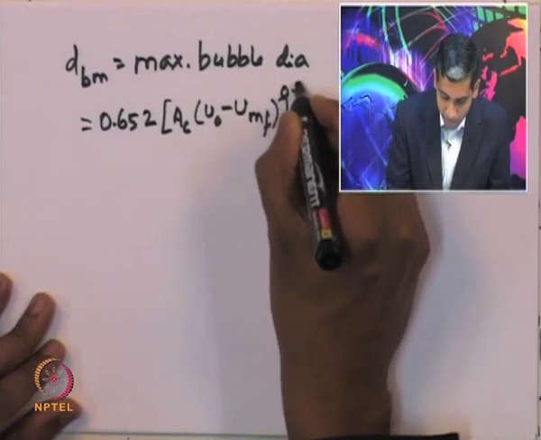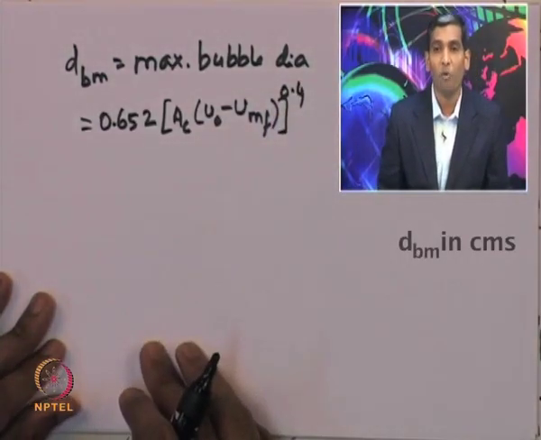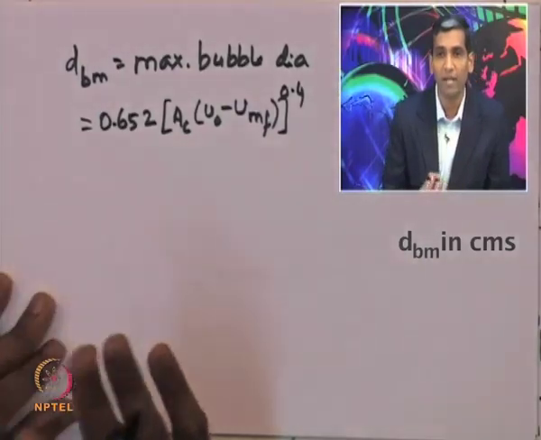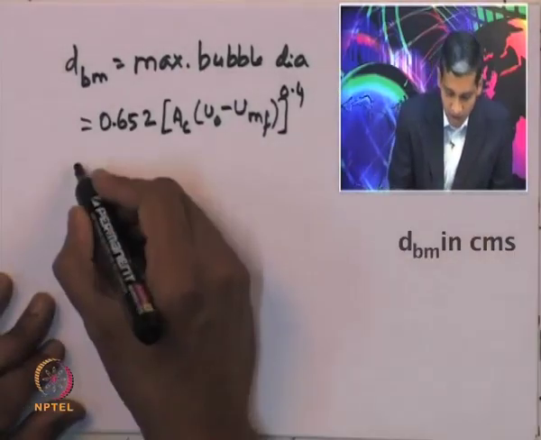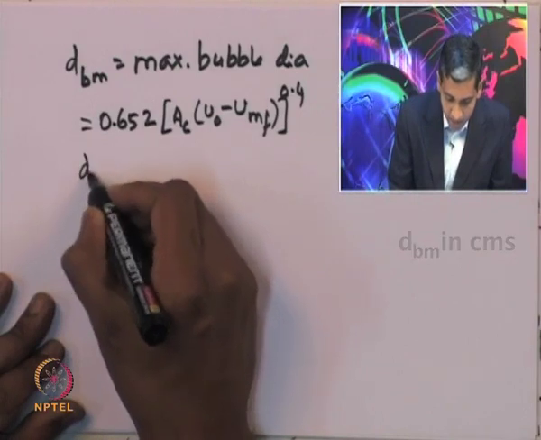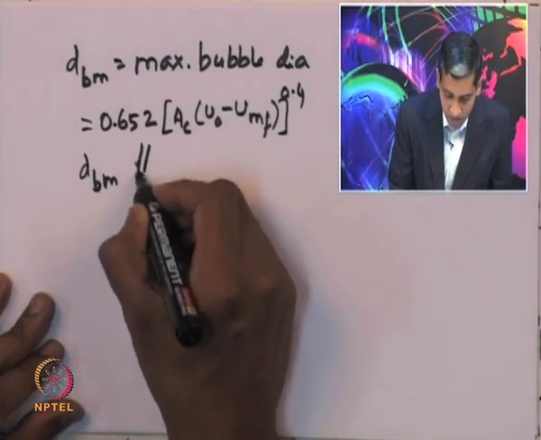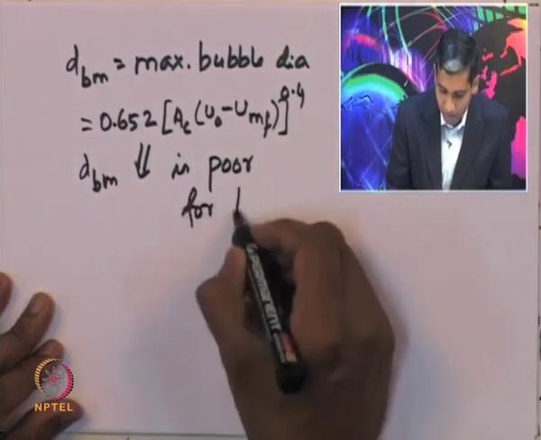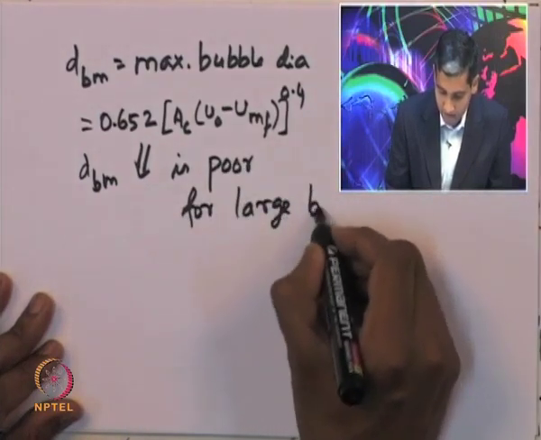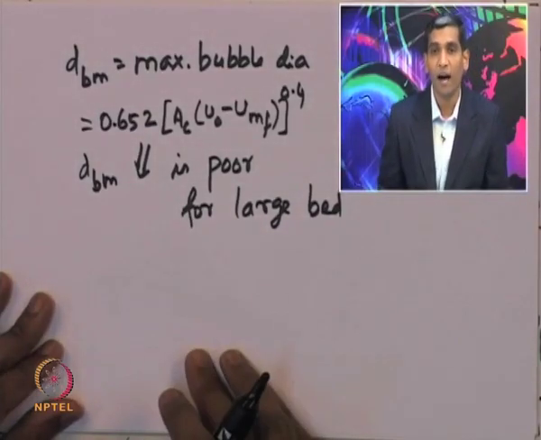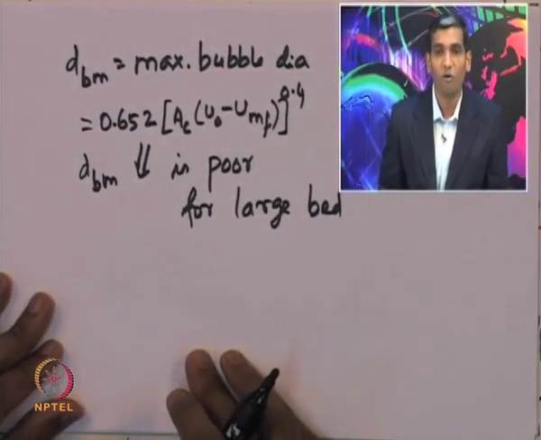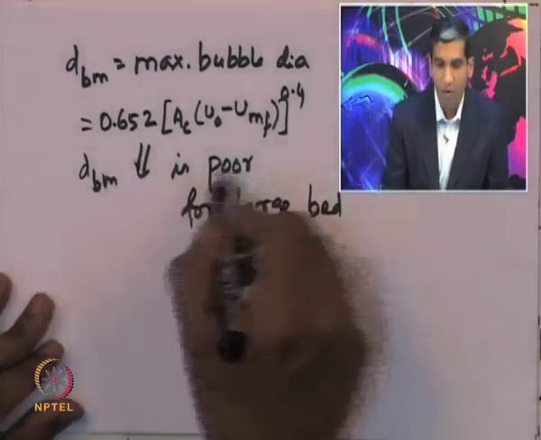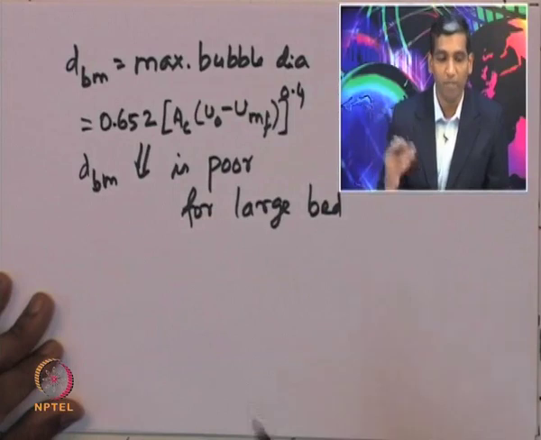That provides an estimate of the maximum possible bubble diameter, and it is known that the predictions are poor if the bed is very large. The dBm prediction using this correlation is poor for large beds. For a large fluidized bed reactor, the correlation does not work very well. Experimental observations suggest that it does not give a good estimate if the bed is very large.